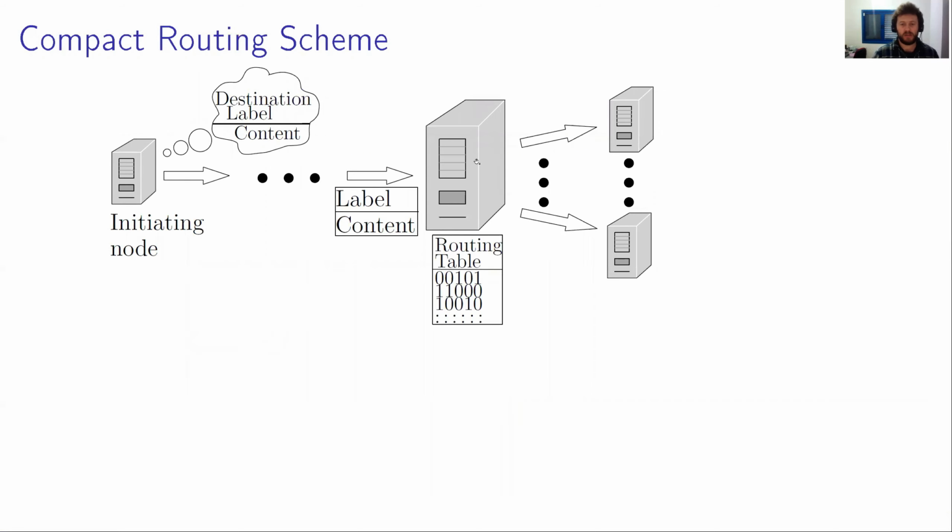In the middle of the process, consider this node: it gets a packet which contains the label of the destination and some content, and it has some local routing table. Based on this local knowledge and the label of the destination, it needs to decide where to send this packet next, and eventually this packet should get to the destination. So this is the problem.